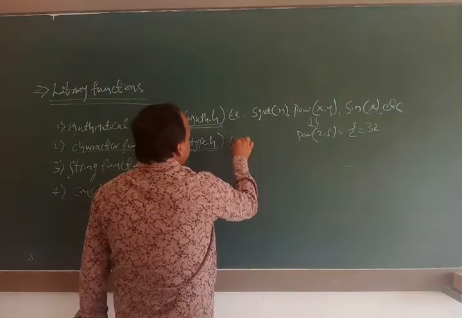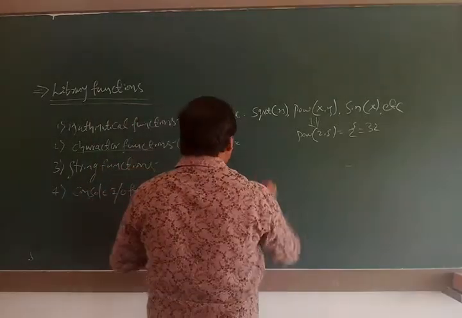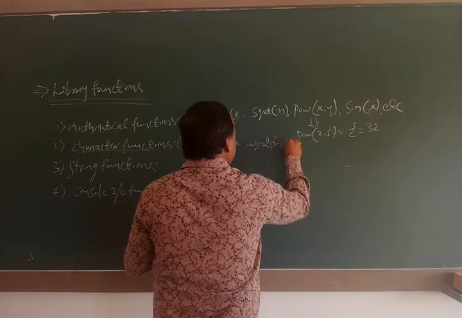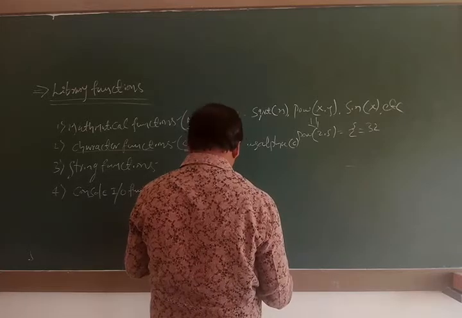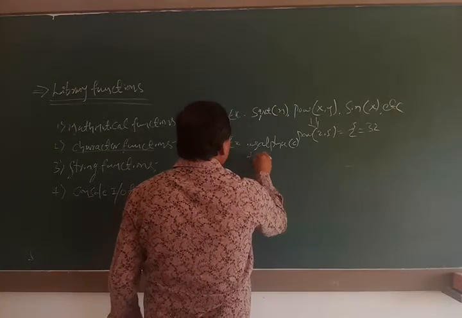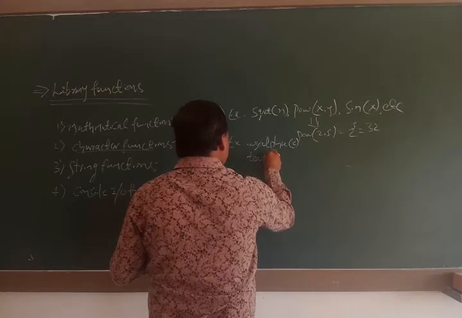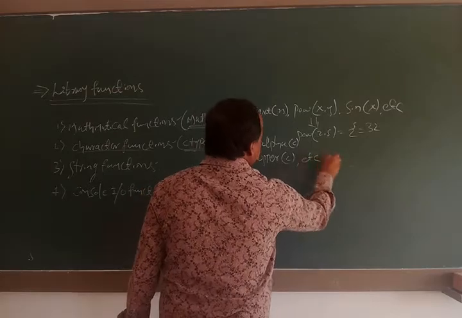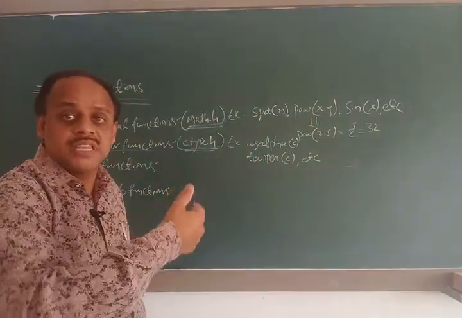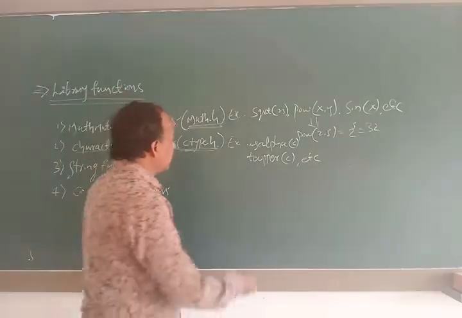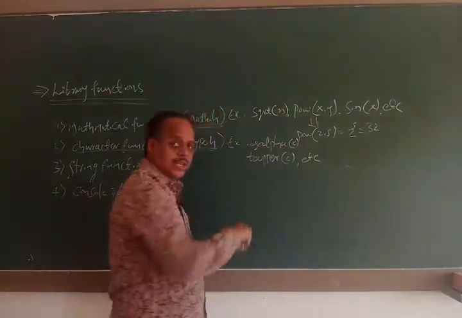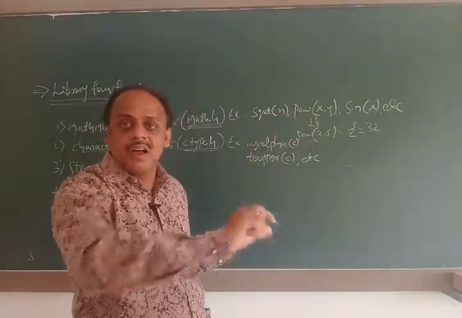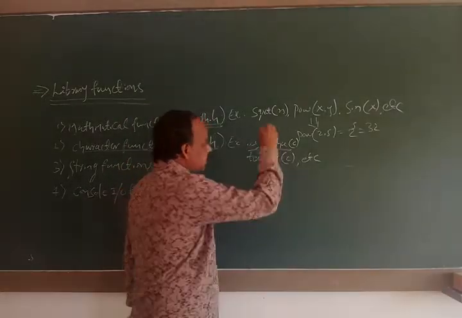For example, isalpha of C, toupper of C, etc. These are character functions, functions working on characters. For example, isalpha of C means C is a character type variable. Whether the entered character is an alphabet or not is displayed by this function.